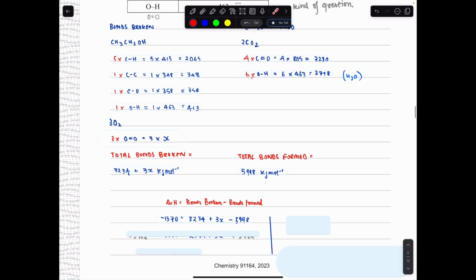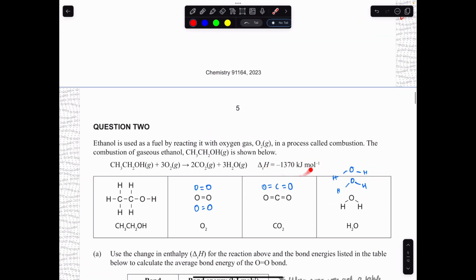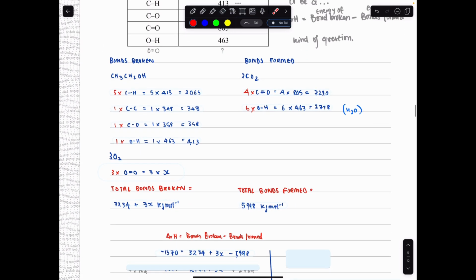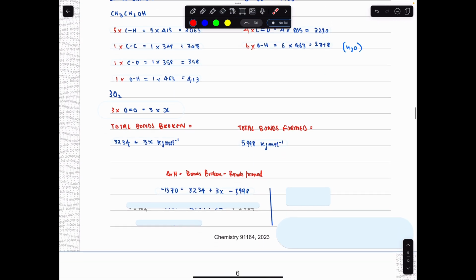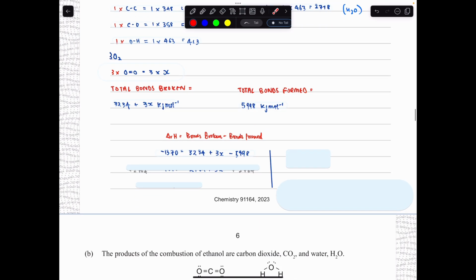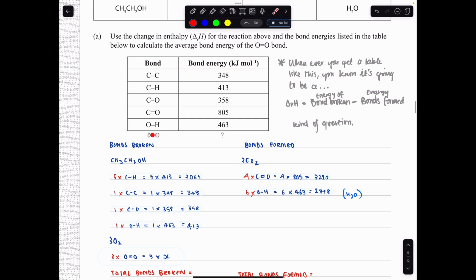The delta RH is already given to us over here, so we can substitute that in. Bonds broken is 3234 plus 3x, and then minus the bonds formed, which is 5998. So I can do a little bit of algebra and rearranging to find what this X is, which essentially is this O double bond.